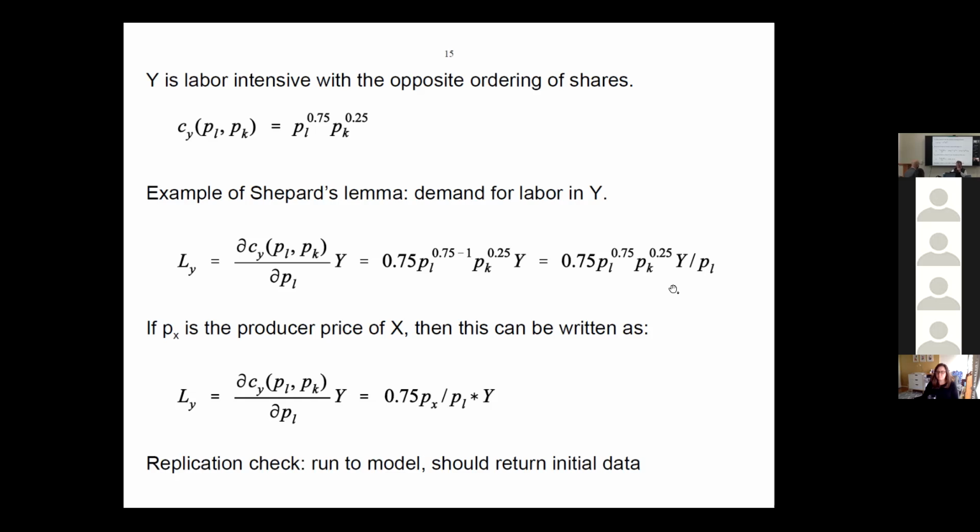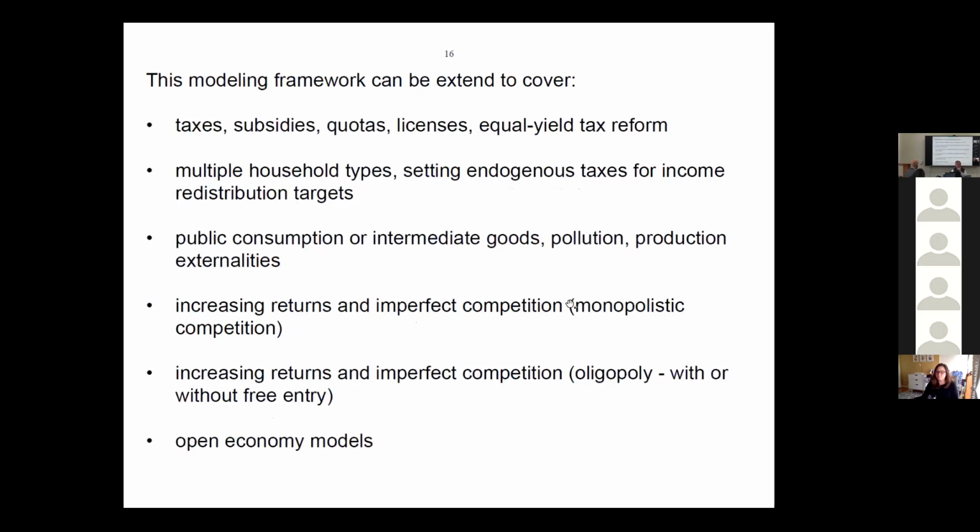Okay. So then the replication check is to run the model, and it should return the values that you started with. We'll do that now, but I want to emphasize that this framework, and Tom's responsible for a lot of this, really generalizes to far more complicated situations.